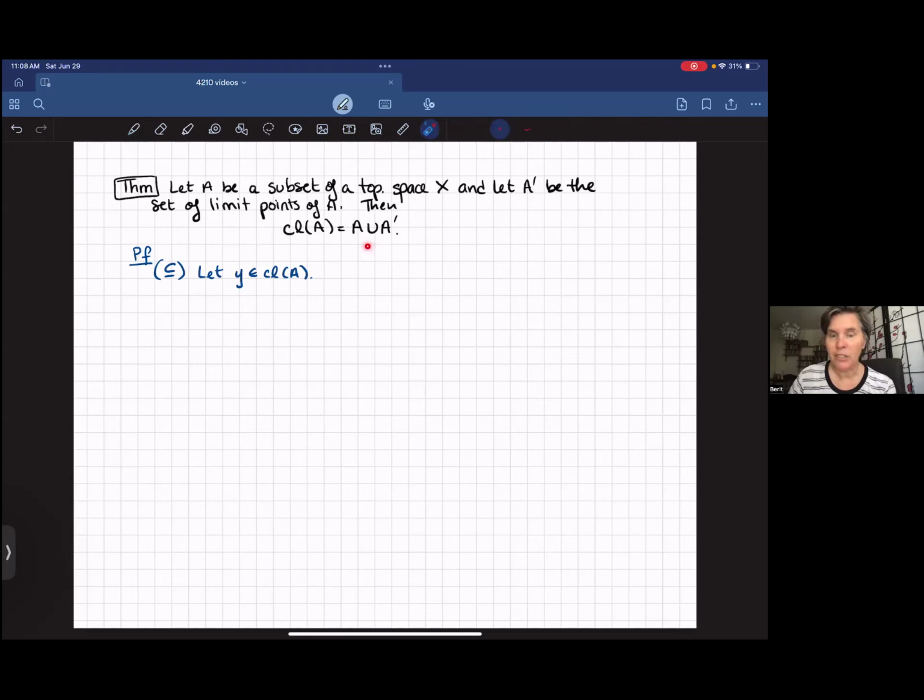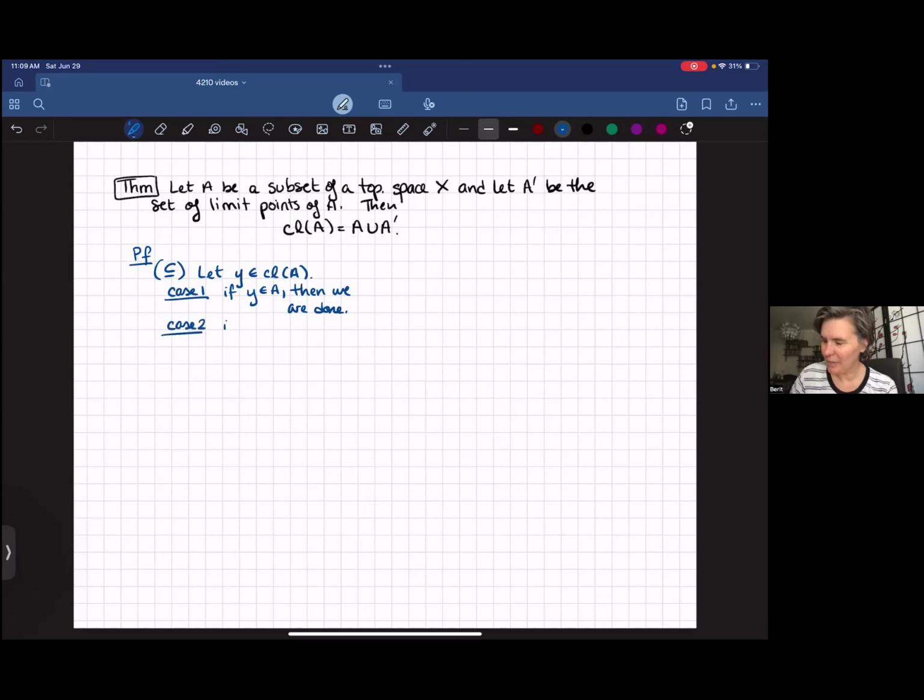And to show that something's in the union, you just have to show it's in either one or the other of the sets. Well, we don't know anything about this Y, so we have to think about two cases. So case one, sort of the trivial case. If Y is in A, then we are done. If Y is in A, then that's it. Then it's definitely in the union, so it's fine. Okay, so that was the easy case.